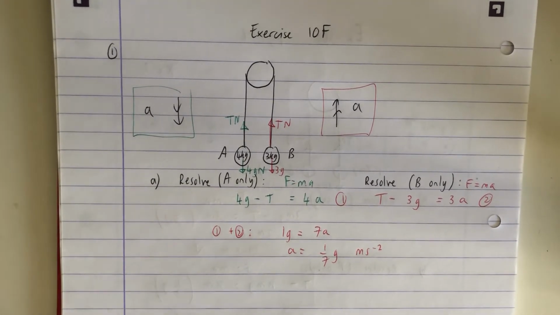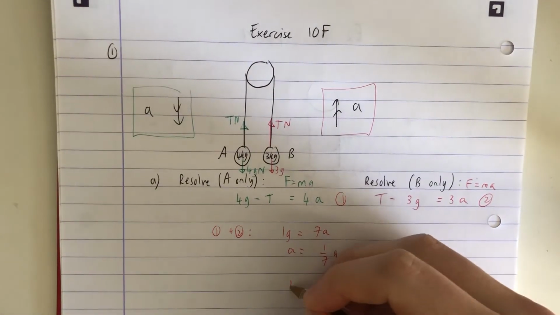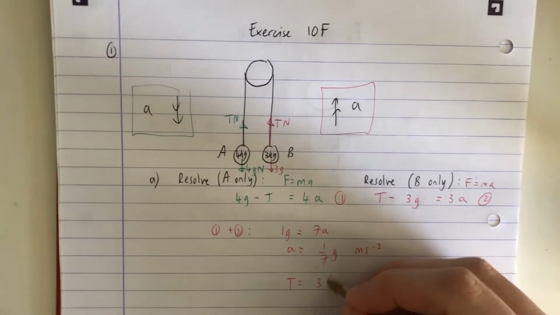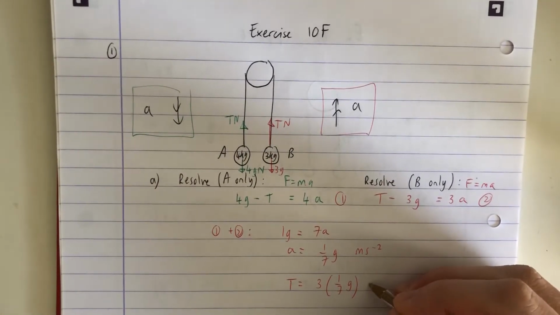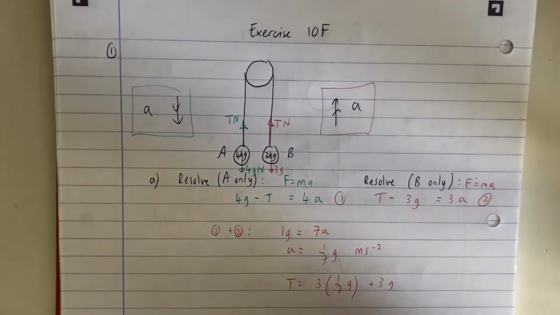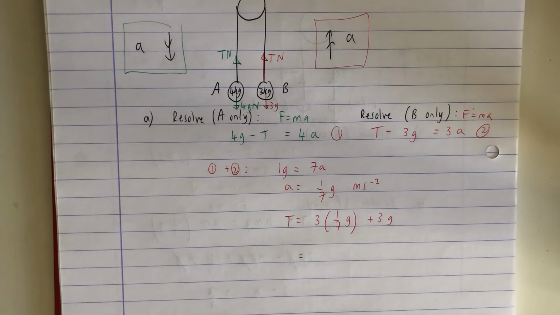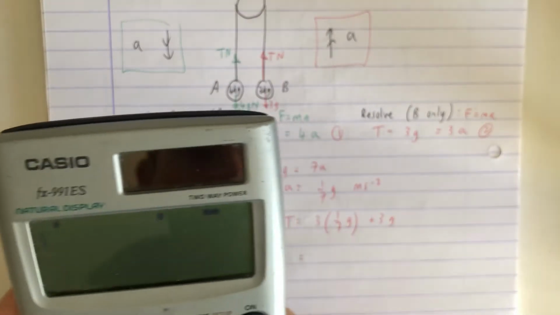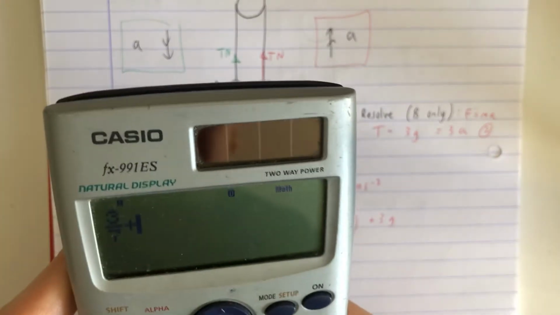Let me just check, that might have been part B. No. Okay, part A still is work out the tension, so T would be equal to, subbing it back into this one, 3 times 1/7 g plus 3g, which is equal to, okay, what's 3/7 plus 3 first?